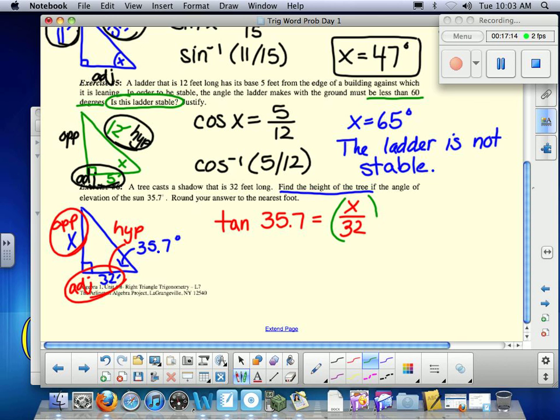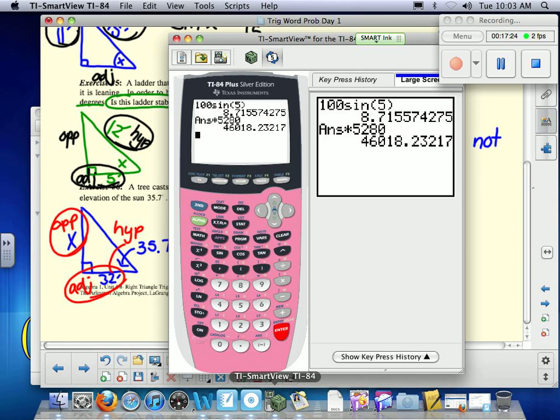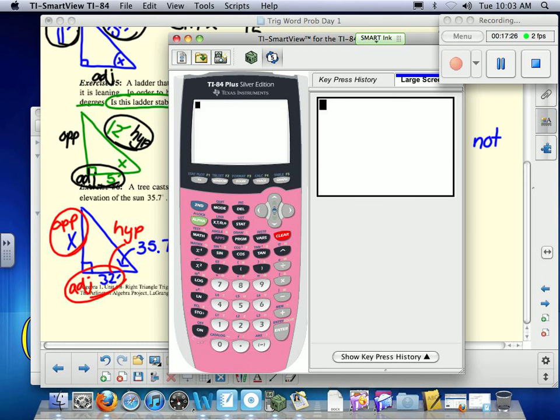We're going to multiply both sides by 32. And our handy dandy calculator, let's just type that in. 32 tan 35.7. 23 feet. And correct, we're rounding to the nearest foot, so 23 feet.